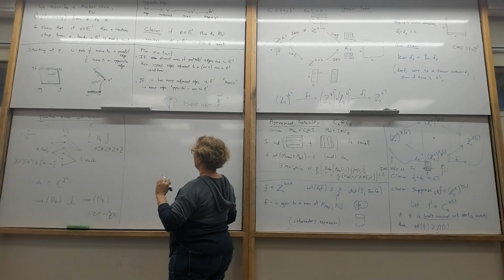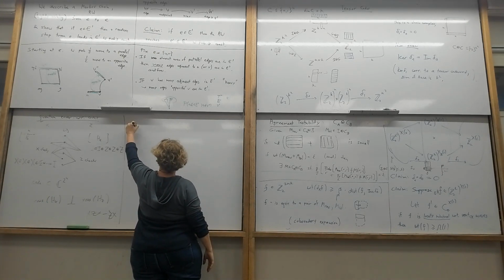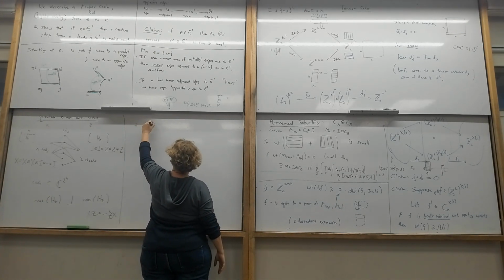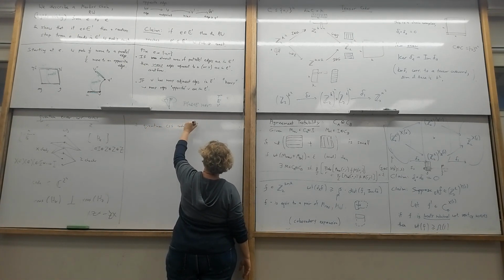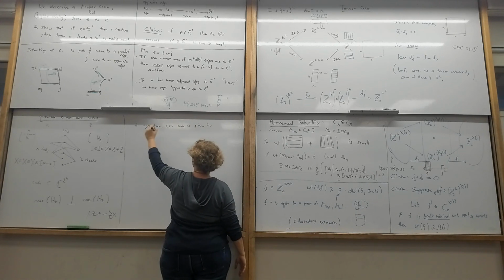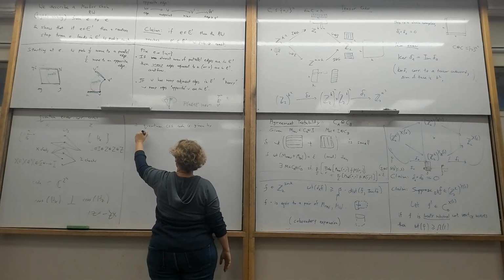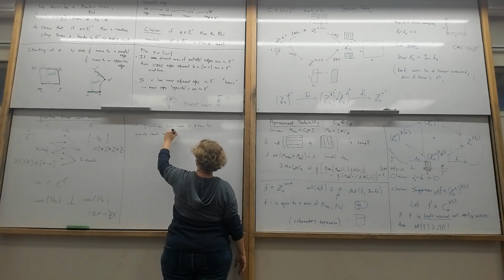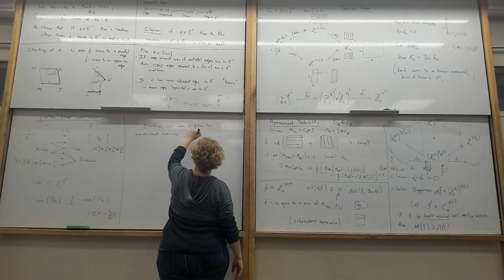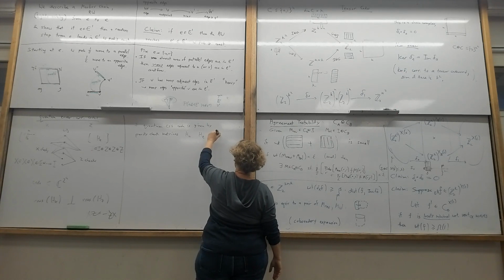So for me, let's just say that a quantum CSS code is given by two parity check matrices HX and HZ, such that the rows are orthogonal.